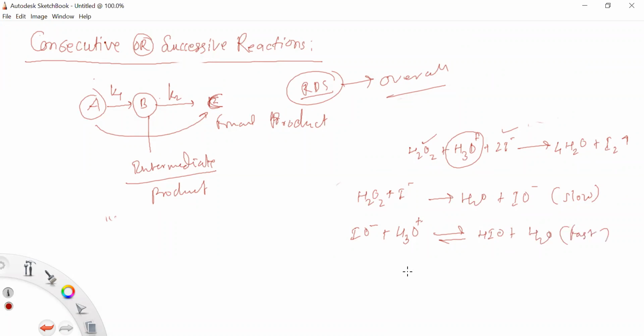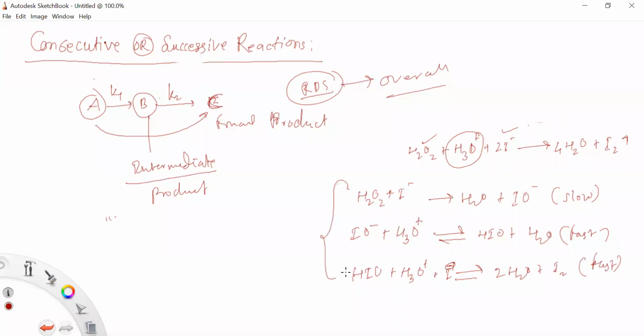Again this HIO, produced in the second step, reacts with the H plus ions and your hydrogen iodide, giving the product 2 H2O plus I2. So this is again a fast process.